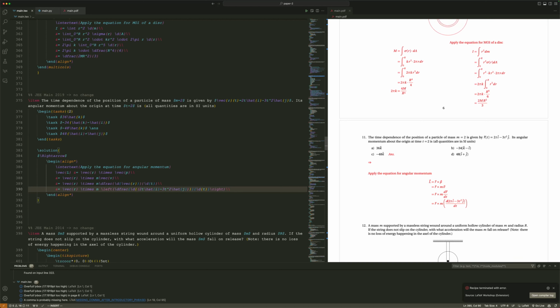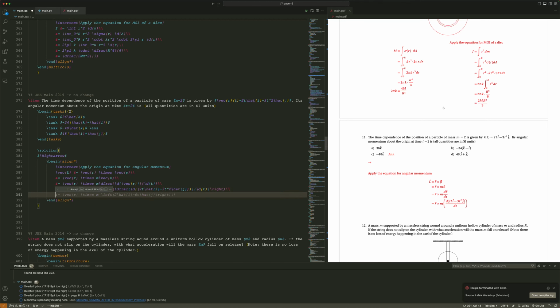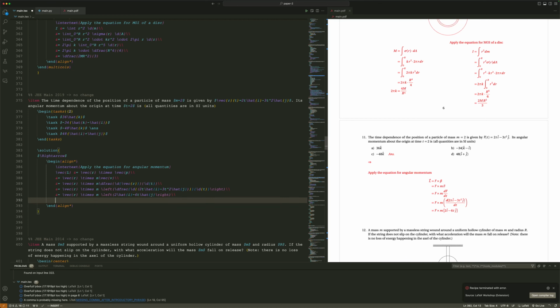Wow, from where did it get this intelligence? I think it's much more intelligent than I thought initially. So yeah, 2 i cap minus 60 j cap, and now we can put this.